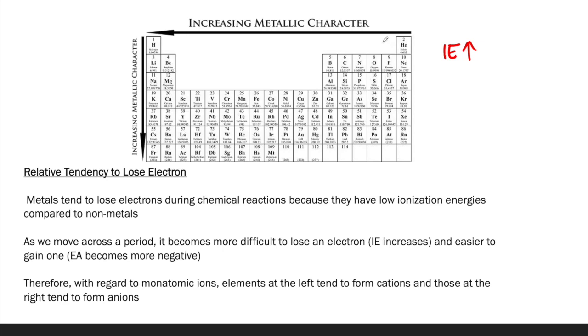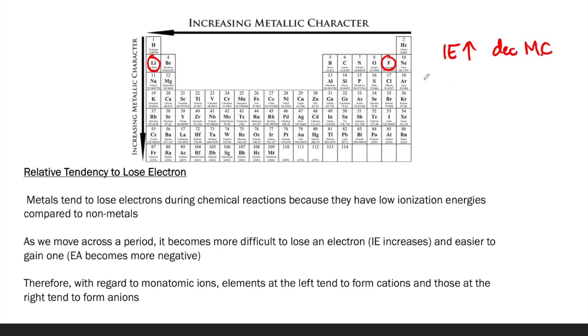So it's going to be very difficult for fluorine to lose an electron, but lithium, on the other hand, can very easily lose an electron. So lithium shows a much higher metallic character, and fluorine does not show that much metallic character. So due to the increase in ionization energy, there is a decrease in metallic character.